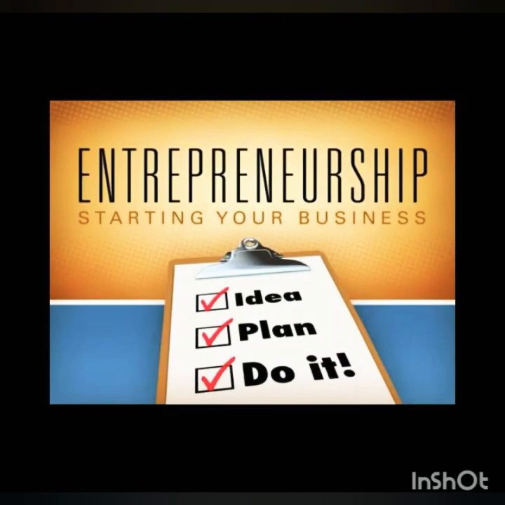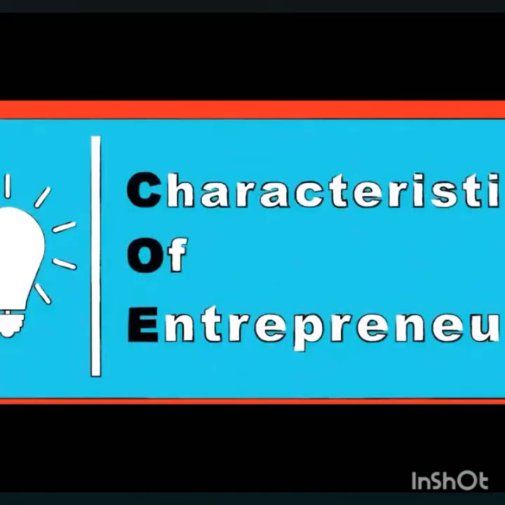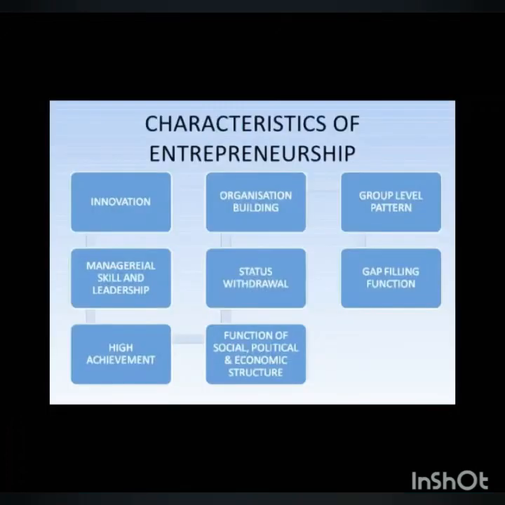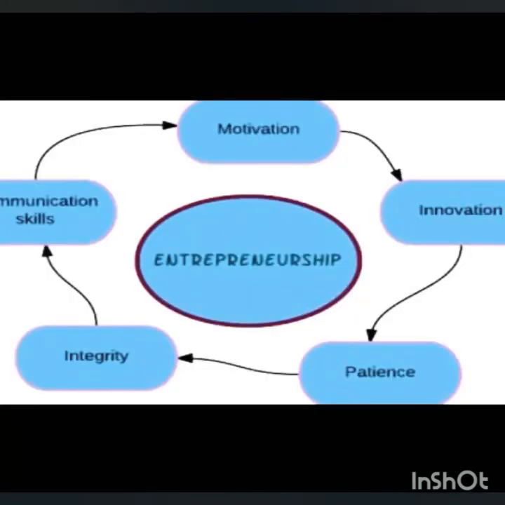Now we see the characteristics of an entrepreneur: identifying profitable investable opportunities, deciding the location of the production unit, making innovations, deciding the reward payment, taking risk and facing uncertainties. Now we come to the end of the session.